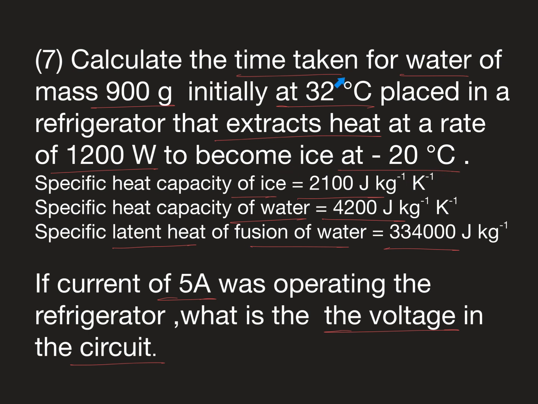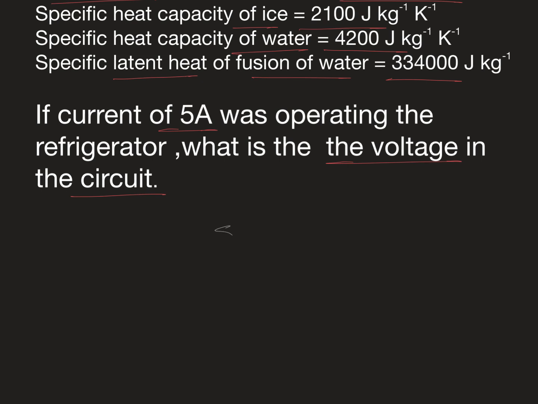So basically the temperature change is from 32 degrees Celsius to minus 20 degrees Celsius. So what we're going to do is draw a cooling curve to see the stages that are involved. Solution.